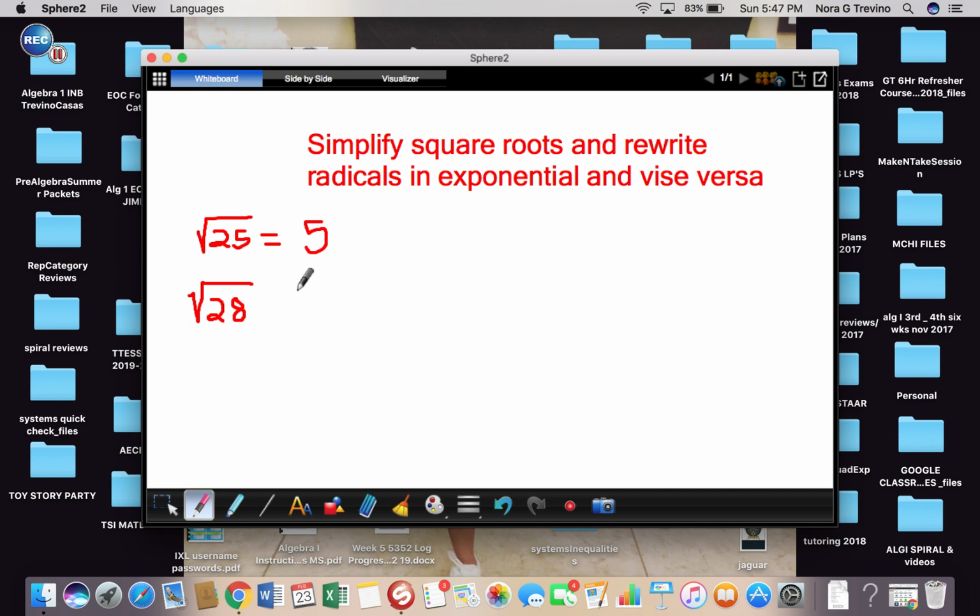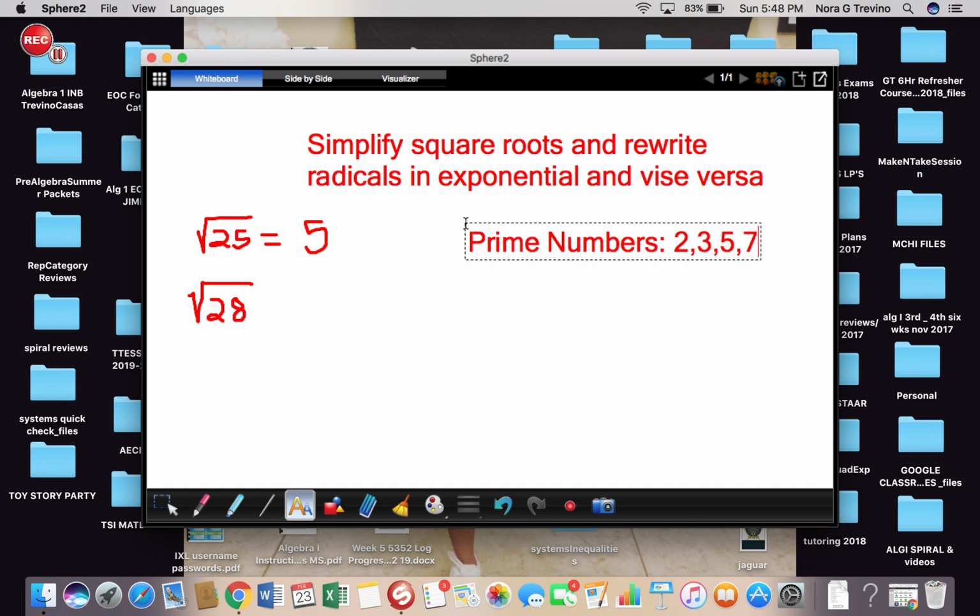Okay, you have to remember your prime numbers. Prime numbers are those numbers that only have two factors, one and themselves. I don't know if you remember, but your prime numbers, at least the first few, are 2, 3, 5, 7, 11, 13, 17, 19, and they go on.